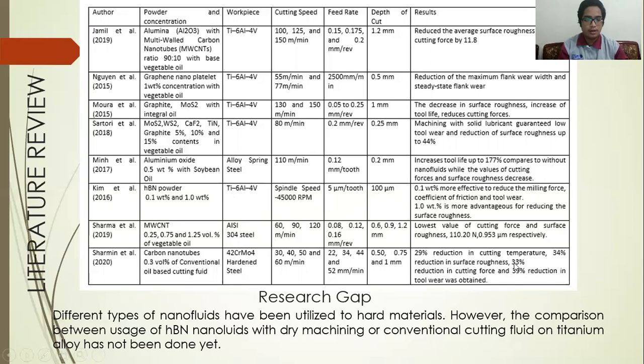This is the result of the researchers before. Mostly these results lead to lower cutting force and also lower surface roughness. However, the comparison between usage of HBN nanofluid with dry machining or conventional cutting fluid on titanium alloy has not been done yet.